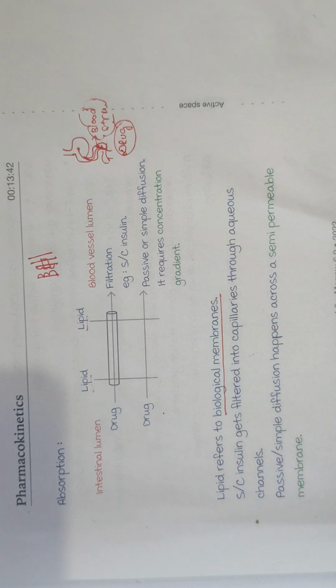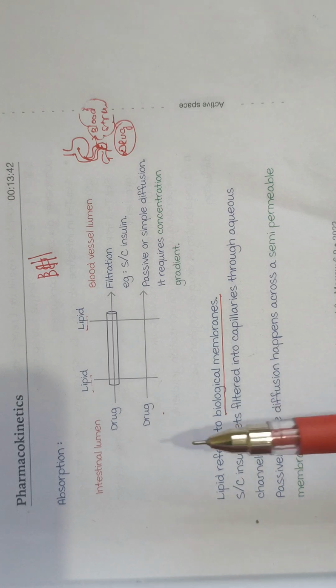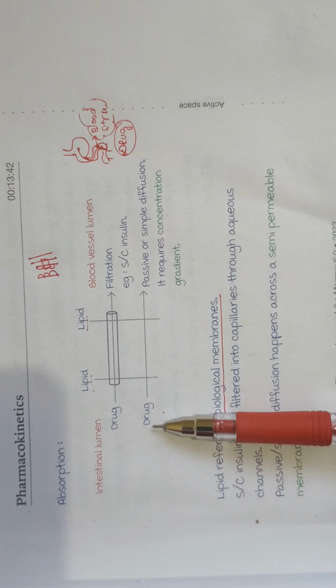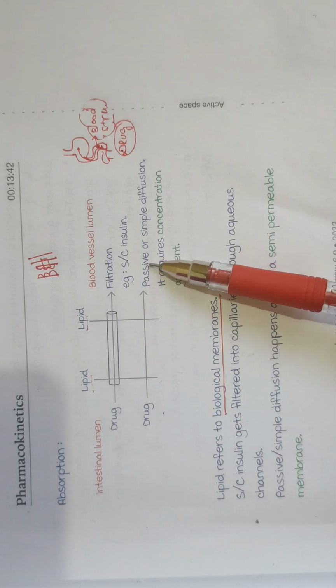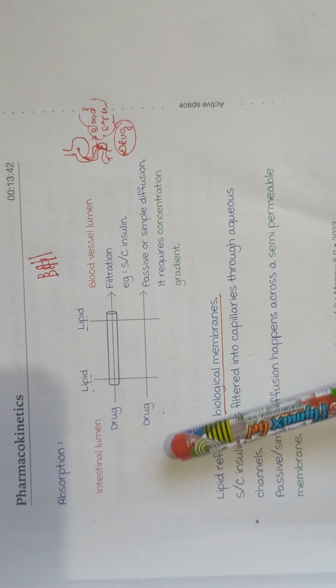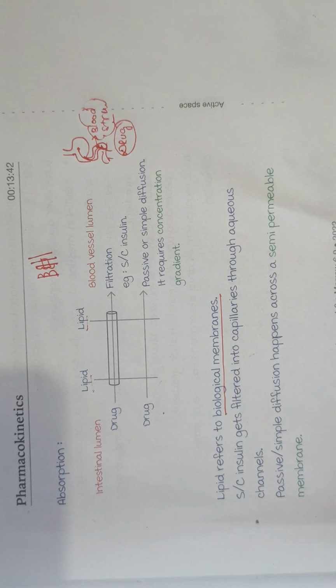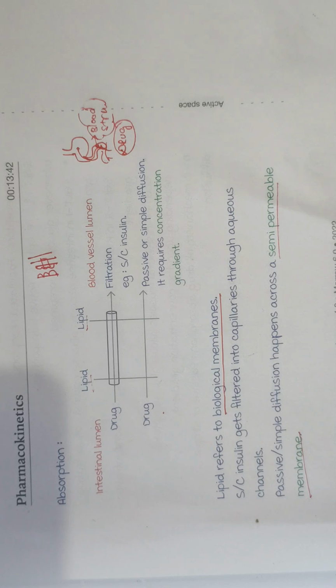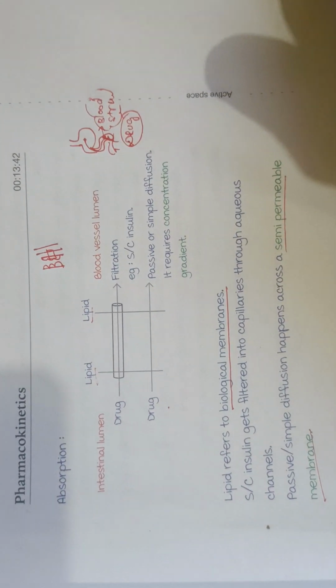The moment you take the drug inside, the concentration of the drug in the GIT is increased. The moment the concentration of the drug increases in the lumen, it moves from higher concentration to lower concentration. This movement from higher to lower concentration through a semi-permeable membrane is known as passive or simple diffusion.